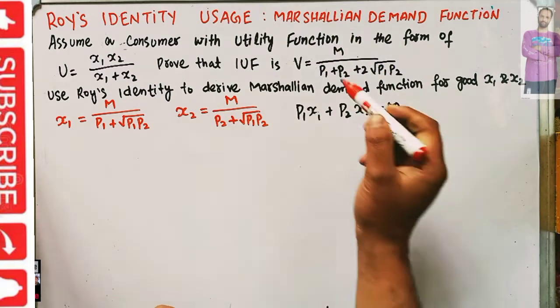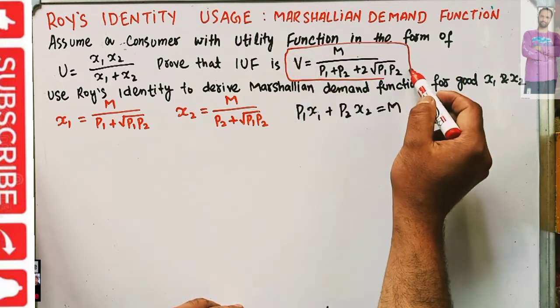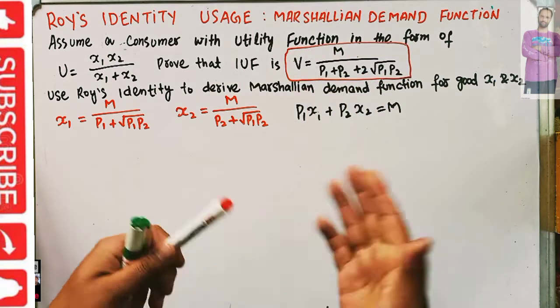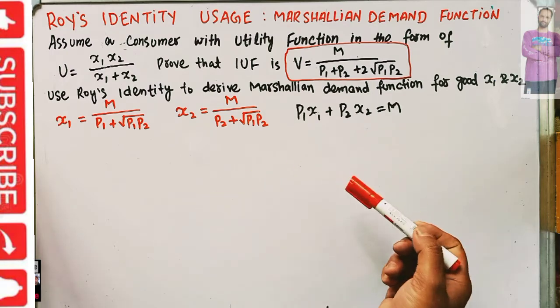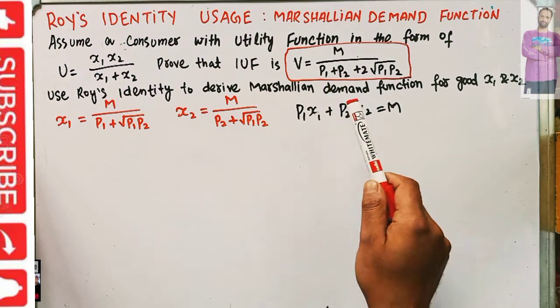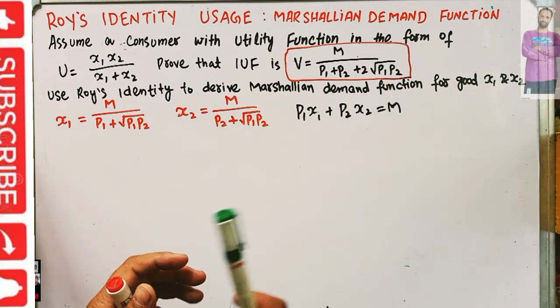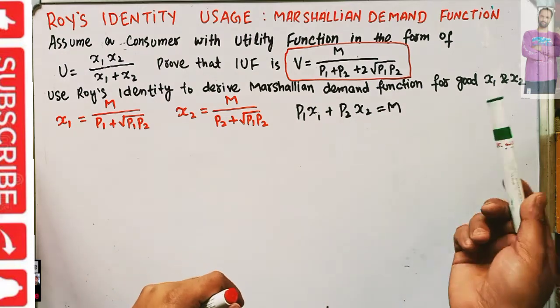Okay, this part we have explained in the earlier video in detail, so I will not solve it again. Now we are being told to use Roy's identity to derive the Marshallian demand function for good x1 and x2.